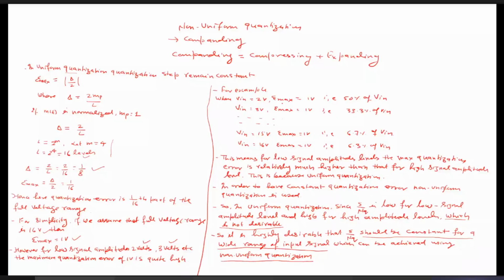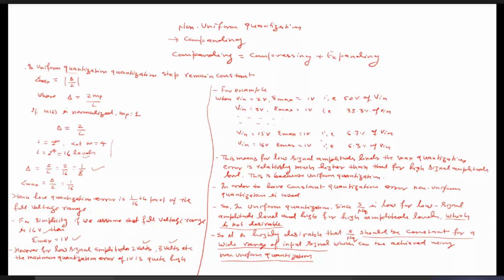In the next case, if you take V equals 3 volt, this E max will remain the same, and its value will be 33.33%, that is 1 by 3. If you take V equals 15 volt, its error will be simply 6.7% of the input voltage. And if V equals 16 volt, it further decreases to 6.3%.